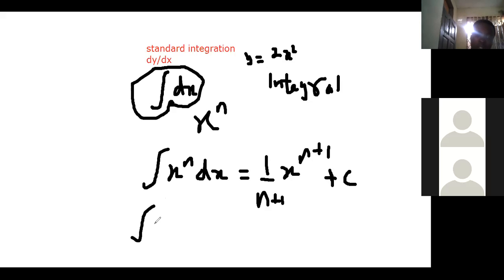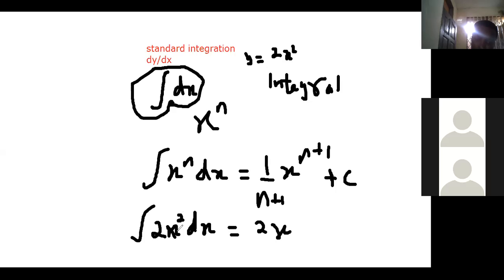A typical example: I give 2x squared. If I am integrating 2x squared dx, this indefinite integration, it will be 2x, then there is a power, this n.